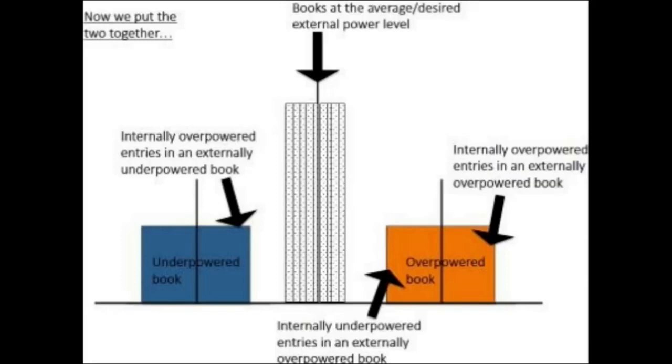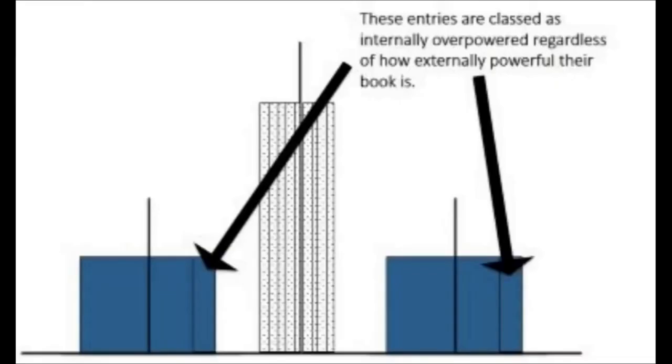So even a theoretically overpowered book can have units which are internally underpowered. Despite one book being in total overpowered and the other in total underpowered.